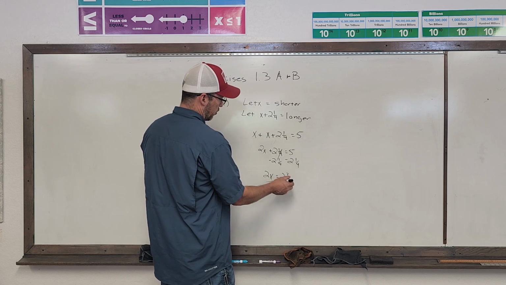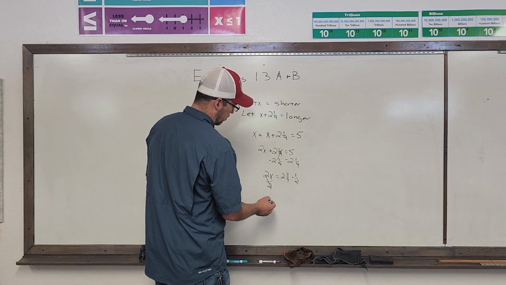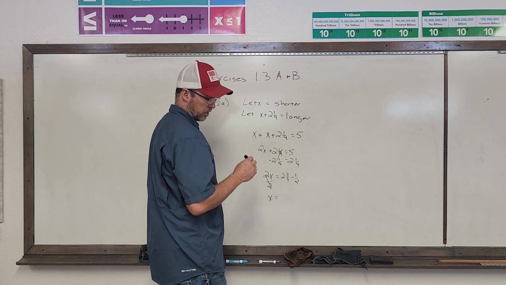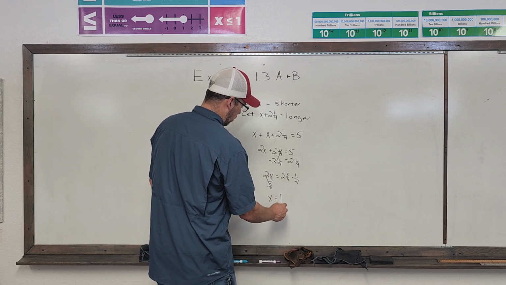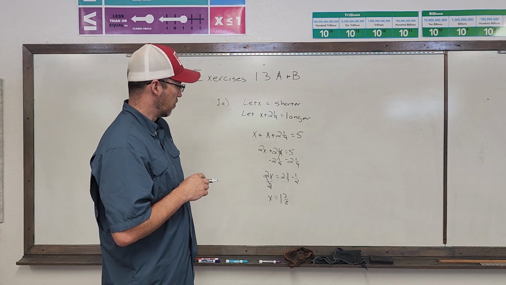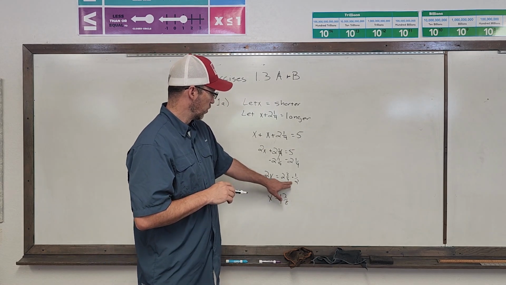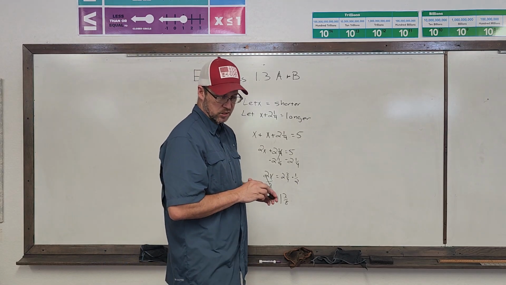Dividing by 2 is the same thing as multiplying by its reciprocal, so I'm going to multiply by 1/2. x equals 1 3/8. All right, you can work that out more. We know how to do this, but I don't need to test you on how to multiply or divide fractions.